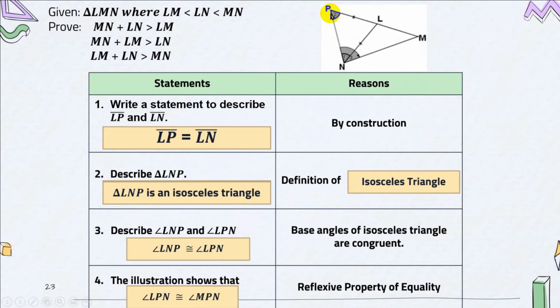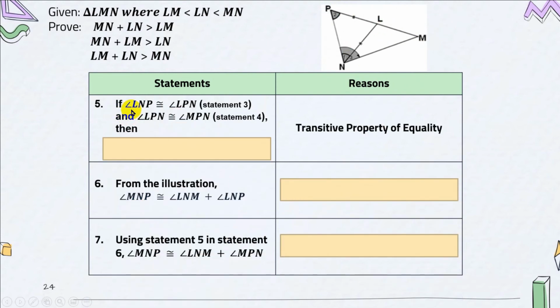Again, LPN is congruent to MPN. If angles LNP and LPN are congruent and LPN and MPN are congruent, by the transitive property we can link LNP to MPN. Okay?